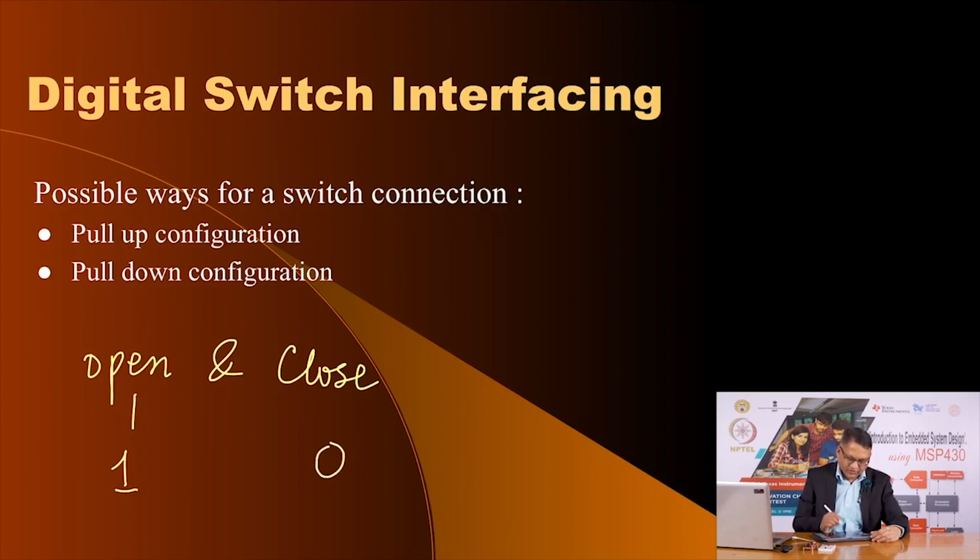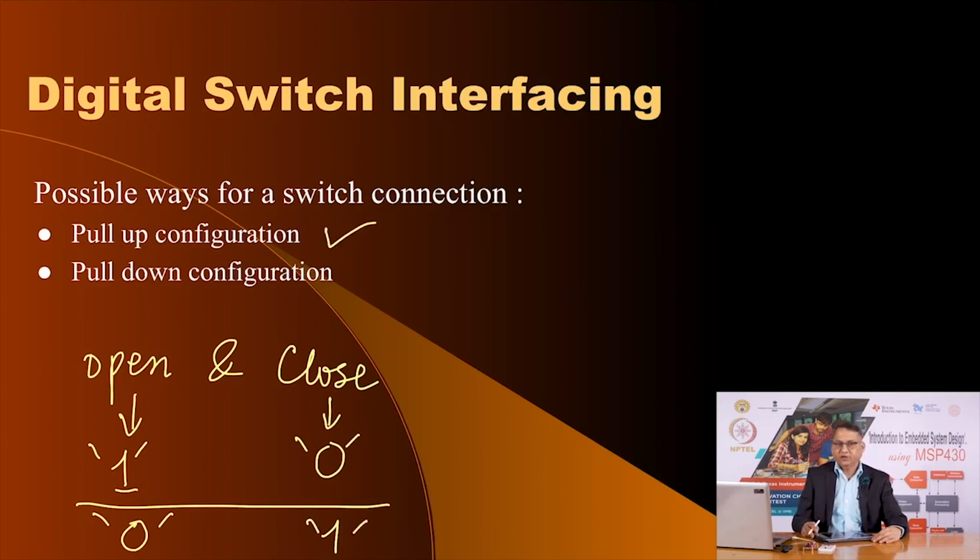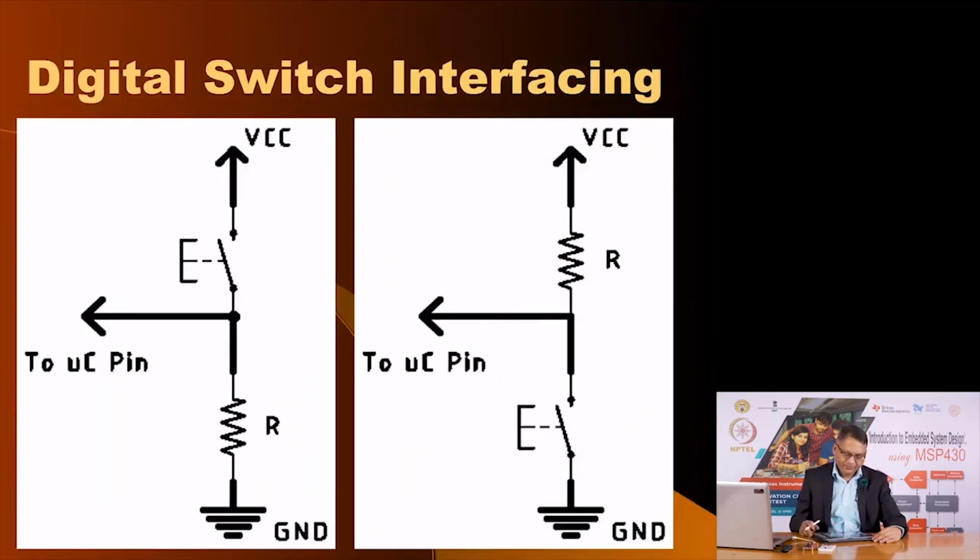If we choose logic 1 for open, then close must translate to 0, or we can have another possibility, that open translates to logic 0 and close translates to logic 1. And this is achieved by using a pull up resistor configuration or a pull down resistor configuration. Let us see how these configurations look.